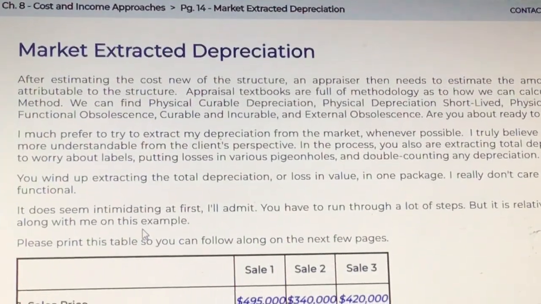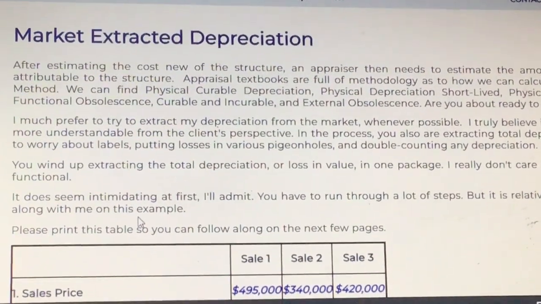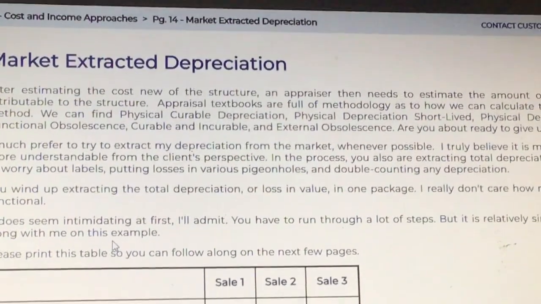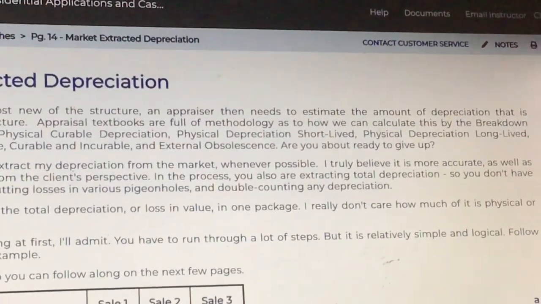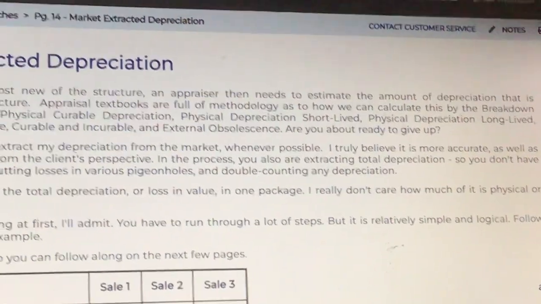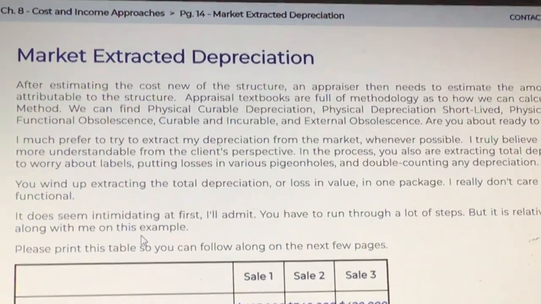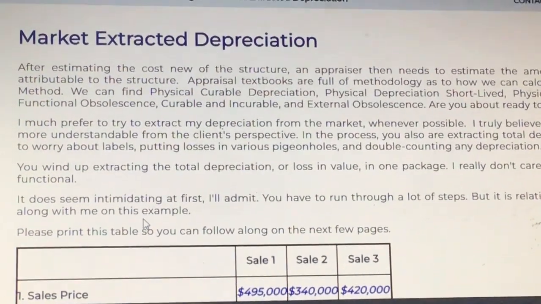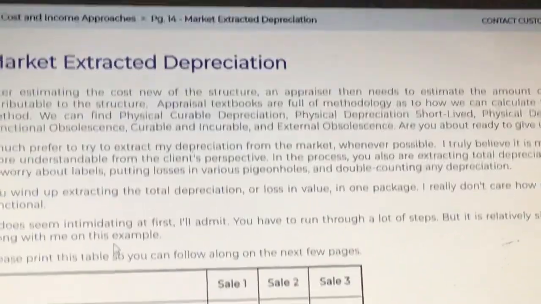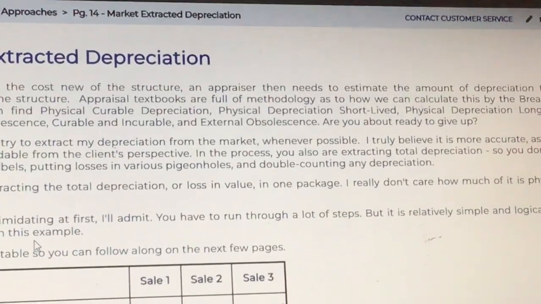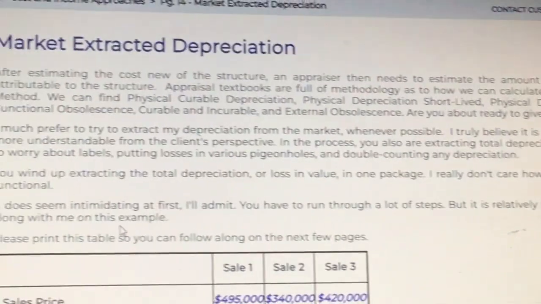We can find physical curable depreciation, physical depreciation short-lived, physical depreciation long-lived, functional obsolescence, curable and incurable, and external obsolescence. Are you about ready to give up?